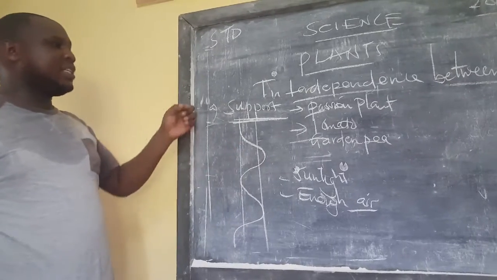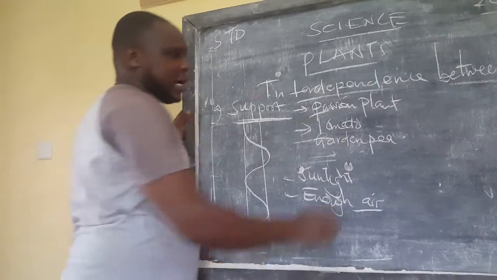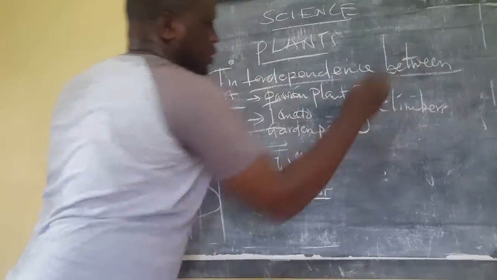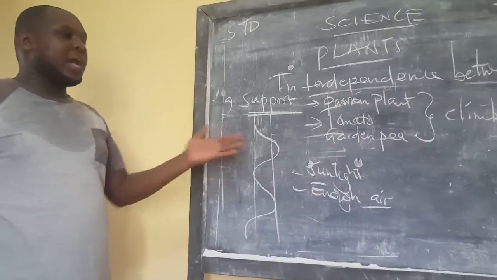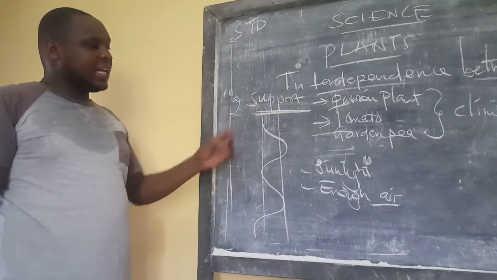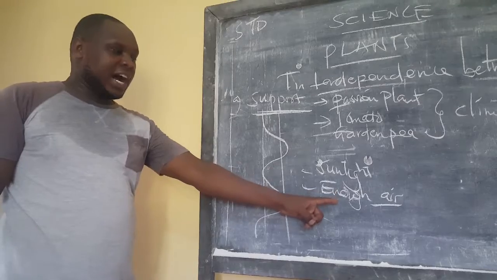So these plants that depend on others for support are called climbers. They twine on one plant and they move upwards so that they can get enough sunlight and enough air.